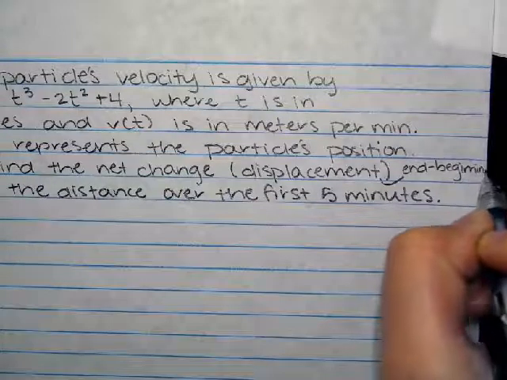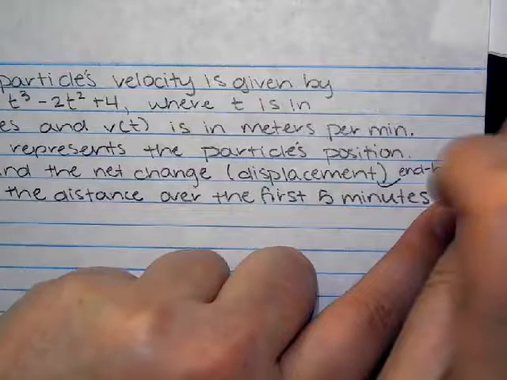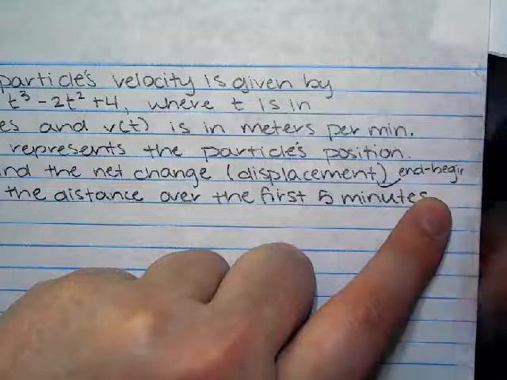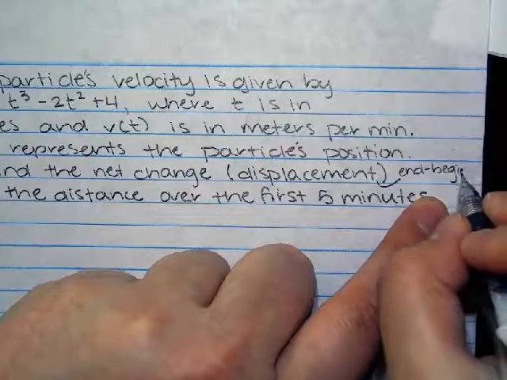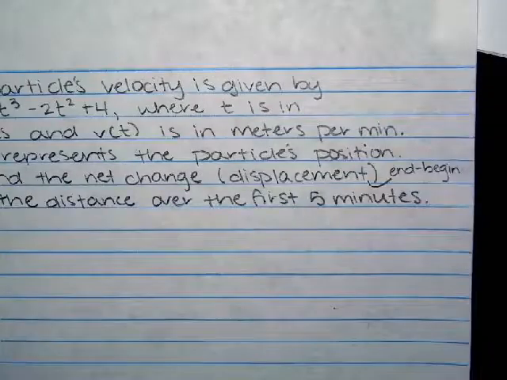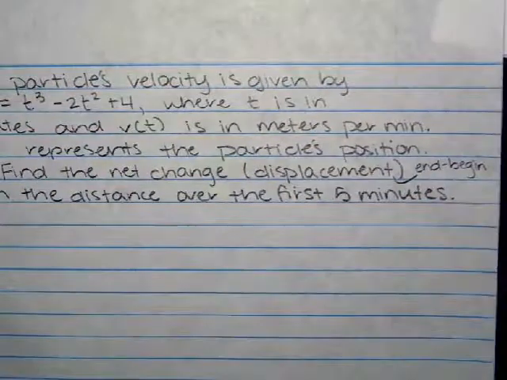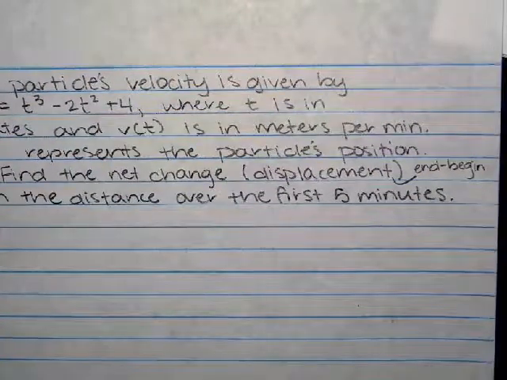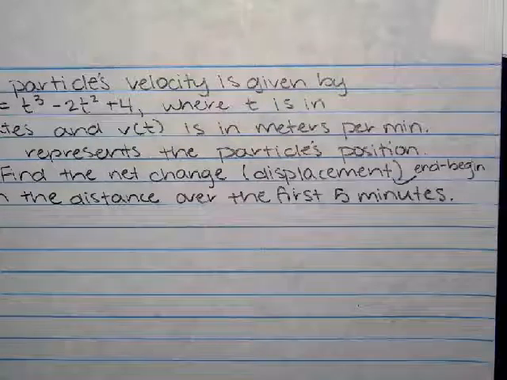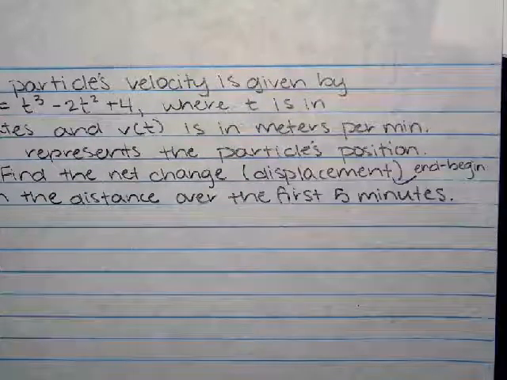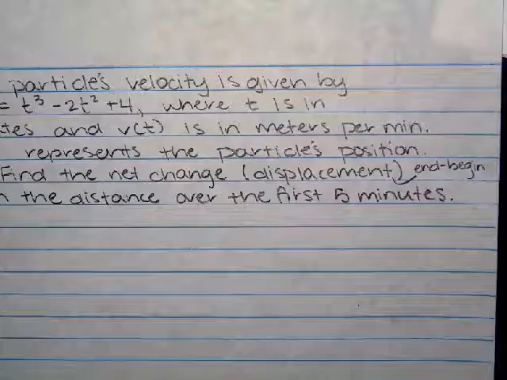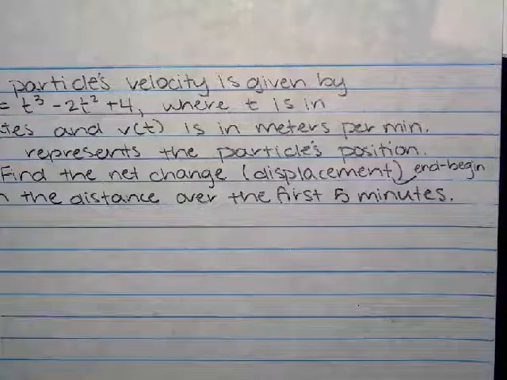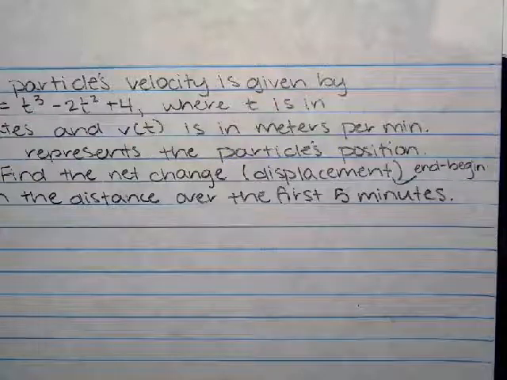I'll just say end minus begin. You could think of displacement net change being like displaced peoples. They just ended up somewhere that was different from where they're from. You don't really track their whole journey.